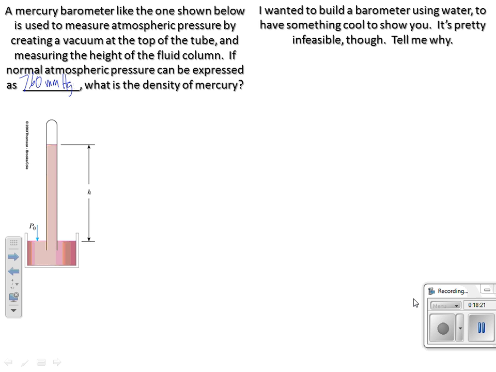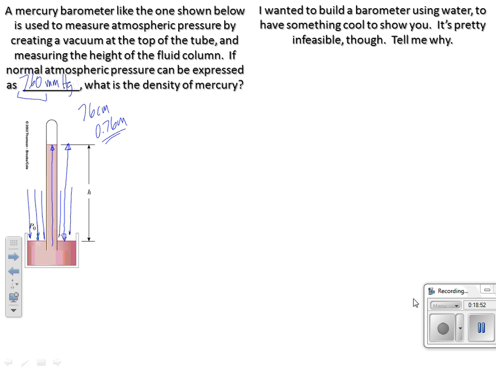In a mercury barometer, you get a column of mercury that rises up 760 millimeters, or 76 centimeters, or 0.76 meters. Atmospheric pressure pushing down on this fluid pushes the mercury up 76 centimeters, or 0.76 meters.